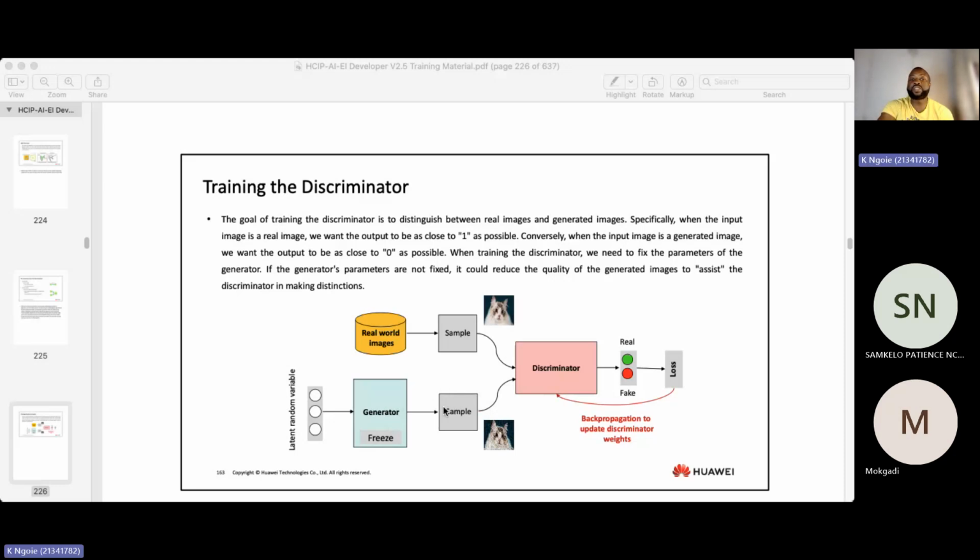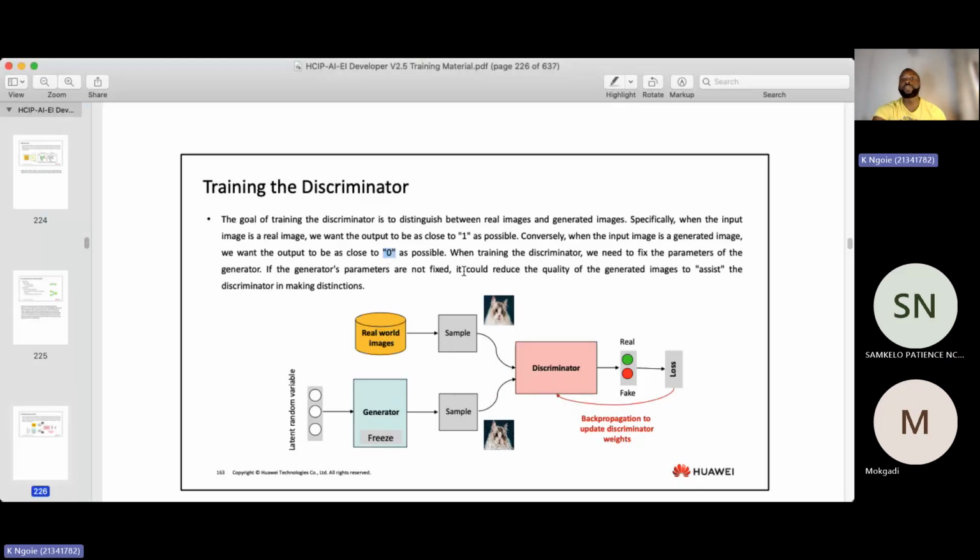Then you feed these fake images into the discriminator and label them as fake, 0. So the discriminator will now know these are fake, and it will adjust its weights to output values close to 0.